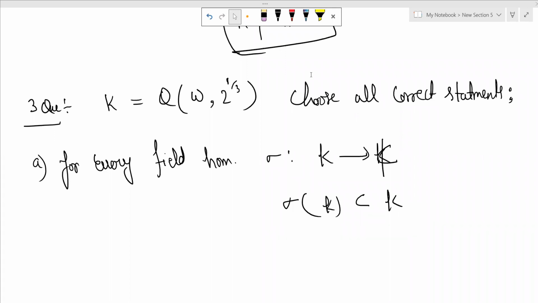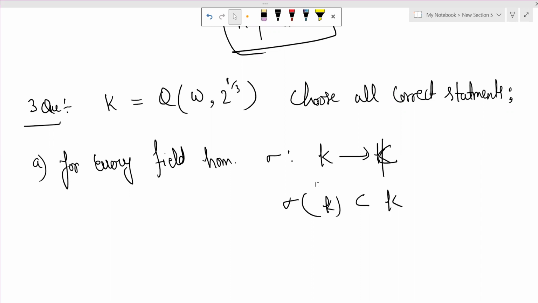Baliram, do you have any idea? Yes, sir. So how will you proceed? Sigma from K to K, for every Q to Q basically. Then the statement is that for every field homomorphism, sigma K should be contained in K. So how is this true or not? Where can omega go under any field homomorphism?